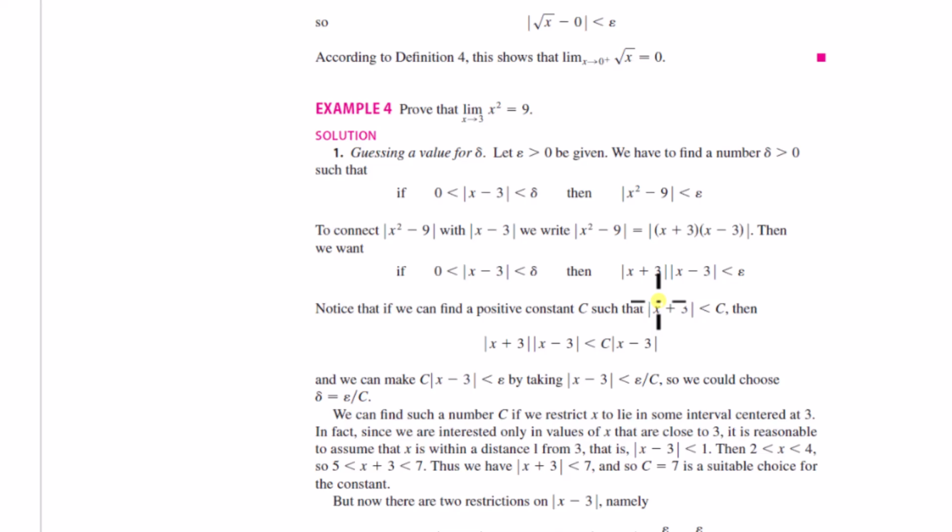We would like to just mix this term in with epsilon, because epsilon is just a completely arbitrary constant, right? So it says if we define another arbitrary positive constant c such that c is greater than the absolute value of x plus 3, then we can make this statement here.